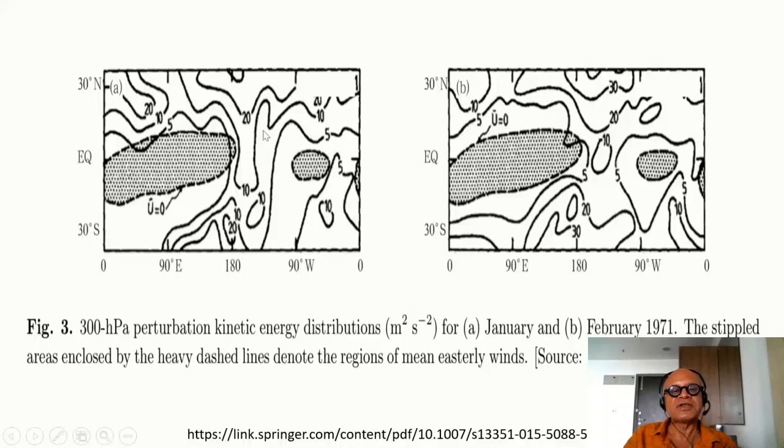So we talked already about the role of the westerly ducts, and if you want, you can do more homework on the Rossby waves and understand why Rossby waves can work well in terms of sending their energy flux, Rossby wave activity flux, down into the tropics in these westerly ducts and tropical upper tropospheric troughs. So the zonal shear matters, meridional shear matters in terms of interactions of the Rossby waves with the background flow, and the vertical shear matters as well.